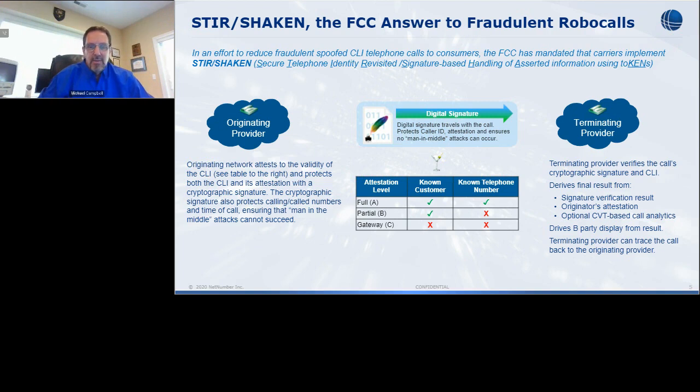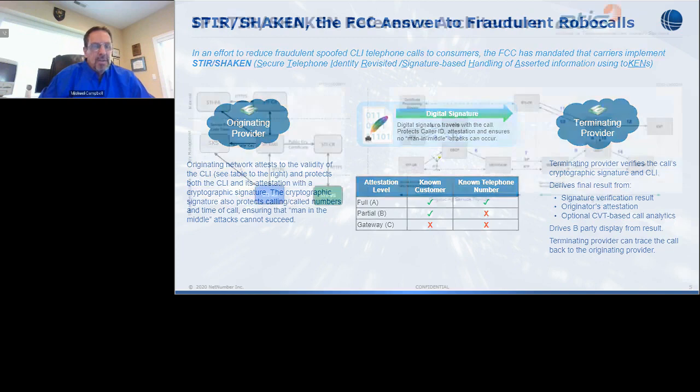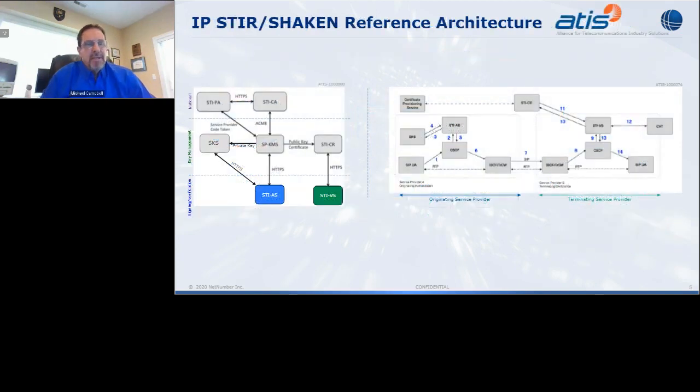Now, the actual mechanism for making that happen is a little more complicated. What I'm presenting here on this chart is two sets of reference architecture ideas from ATIS, the Alliance for Telecommunications Industry Solutions, who together with IETF have really brought us Stir Shaken. If I was to try and walk through this picture just quickly from the top to the bottom, I'm going to focus on the smaller picture on the left-hand side.